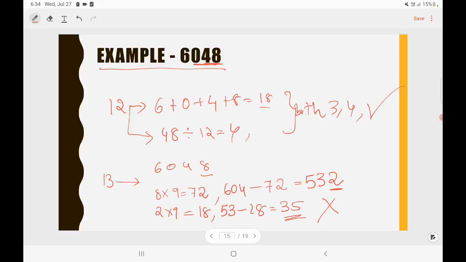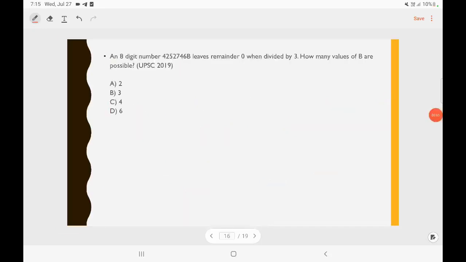When it comes to UPSC, it will be more like an application level question. So we'll solve 3 questions here along with this video, and I will be uploading more examples from divisibility rules, like previous year questions and practice questions, in the channel, so you can check it later as well. So now let's move on to some examples at application level.